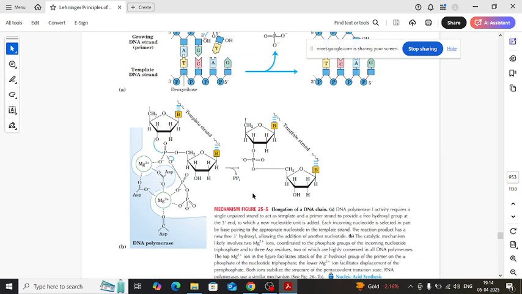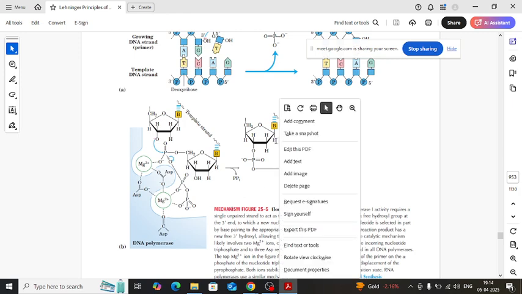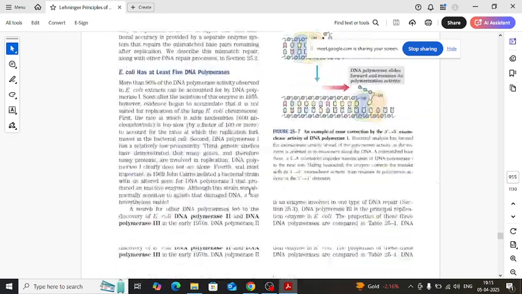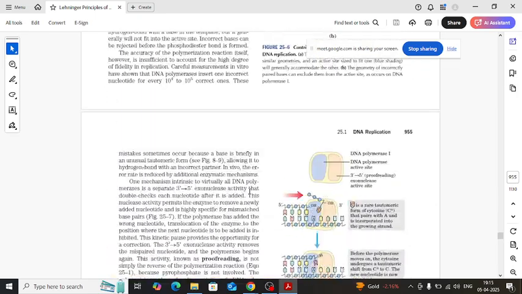So that's how DNA polymerase can add the dNTPs one by one, right? And DNA replication is very accurate because the DNA polymerase has two proofreading activities, right? It has a 3' to 5' exonuclease activity, right?